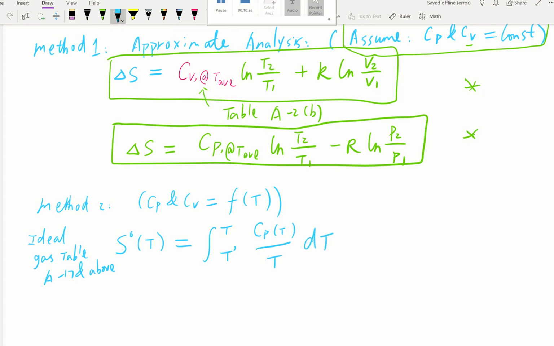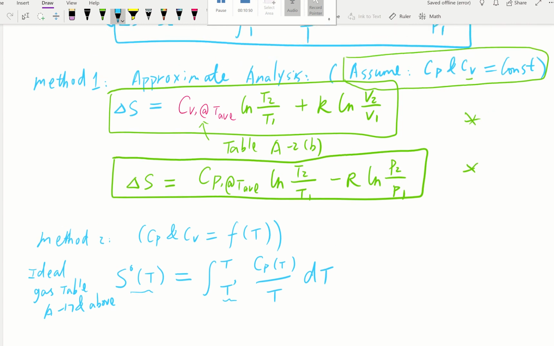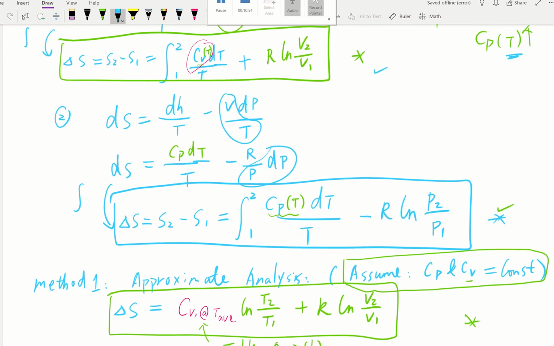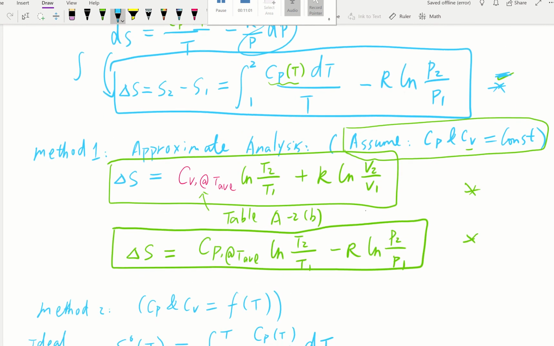S0 of T is going to be defined as this. This T prime here is an arbitrary reference temperature, right? And S0 is a function of temperature only. Because of this, we can go back to this formula only. Let's take a look.